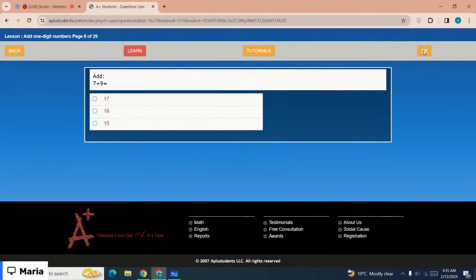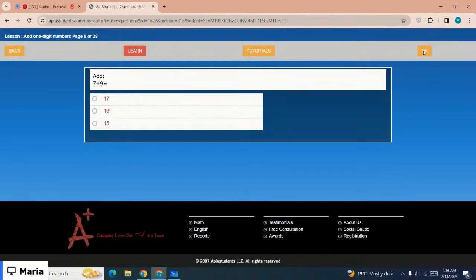Add 7 plus 9, which is the correct option? 7 plus 9 equals, yes, that is 16.